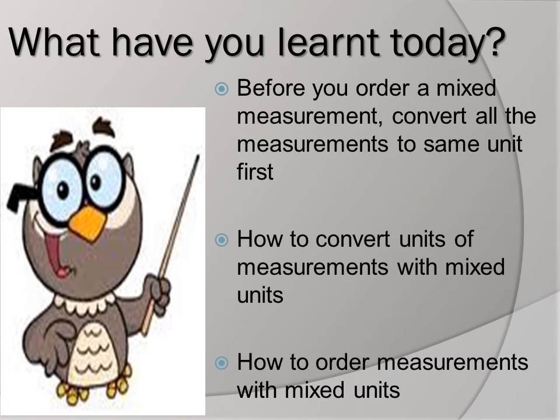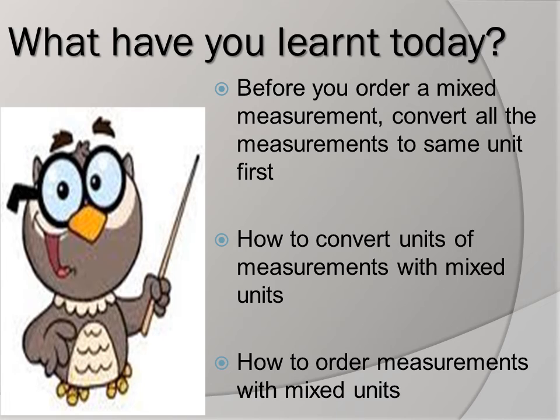Then we also learned how to convert units of measurement that have mixed units. Previously we probably only learned how to convert grams to kilograms, maybe like convert 5,000 grams to kilograms, or convert 600 centimeters to meters. No mixtures, no mixed units.